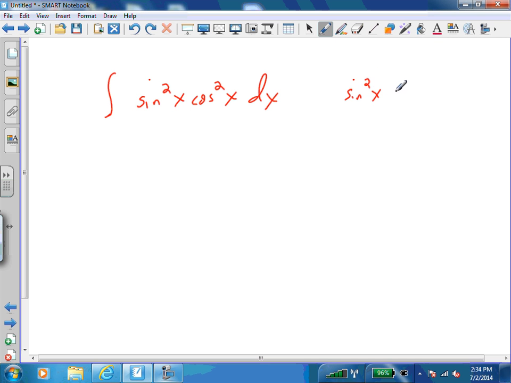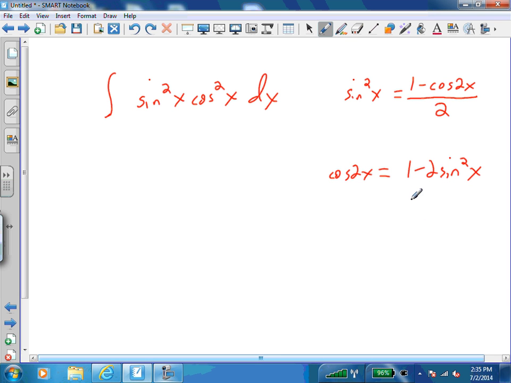It's a power reducing identity. It actually comes from the double angle identity. Sine squared. Remember, one way of writing cosine 2x, the double angle identity, is 1 minus 2 sine squared.